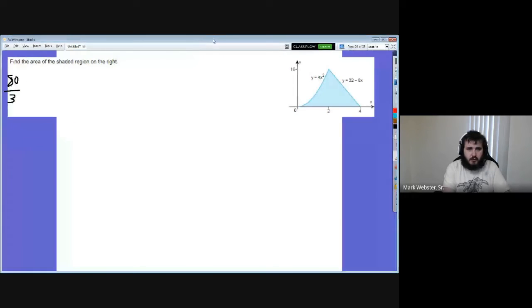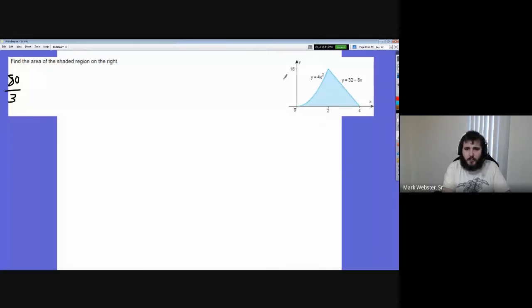So let's do this the other way. Once again, we're going to be solving for x here. So this one right here, subtract the 32, divide by -8.